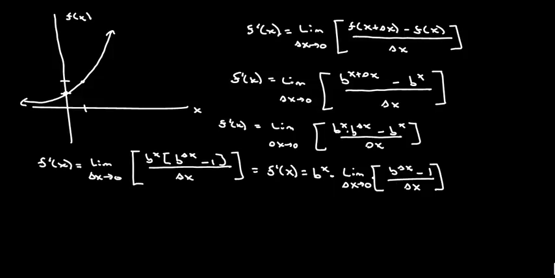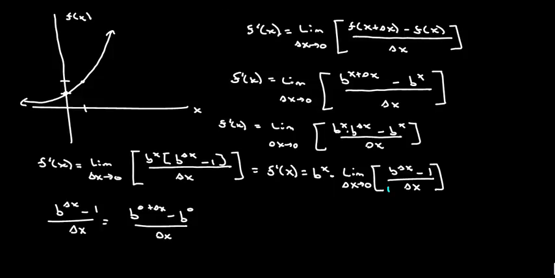Well, this guy right here, okay, on the inside, if I rewrite b to the delta x minus 1 over delta x, and we take the limit of this guy, okay, I'm not going to write that down because it'll get bogged down over here, but this is the same as b to the 0 plus delta x minus b to the 0 over delta x. Remember, that's just this inside piece right here.